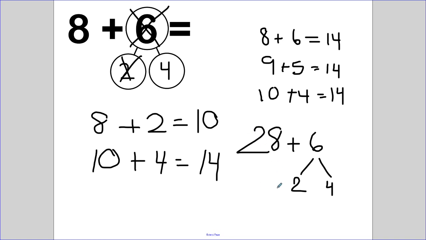And so now all I have to do is 28 plus 2, which I know is 30, and then 30 plus 4 equals 34. So I know it seems like a lot of steps right now, but when we're trying to solve those bigger problems later on, it's a really important skill to know. On the next couple slides, we're going to be doing a little bit more practice.